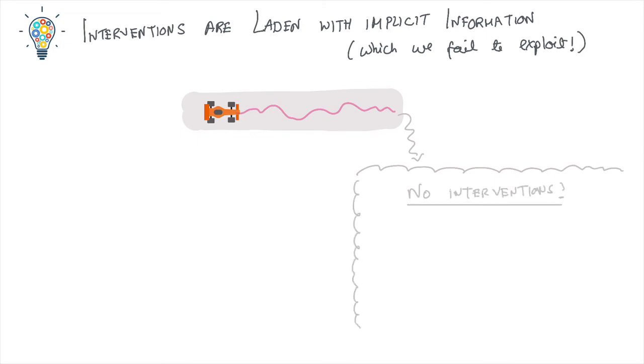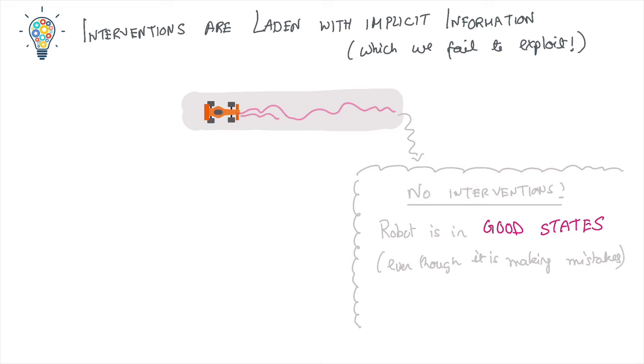Well, we can at least say that the robot is in good enough states that the human feels comfortable to let it continue driving. Even though it may be making mistakes, it may not be doing exactly what the human would like it to do. Still not bad enough for the human to intervene.